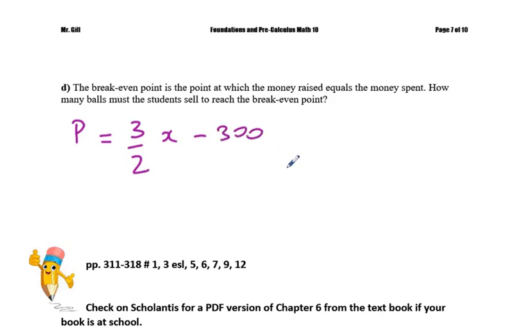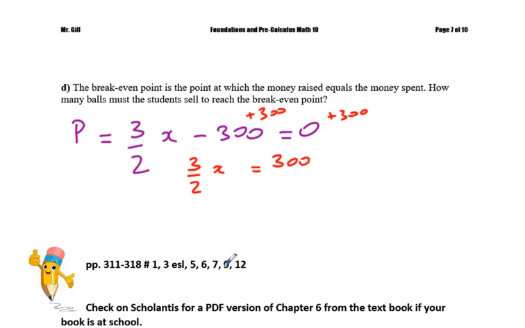The break-even point is going to be when P is equal to 0, isn't it? So we make P equal to 0 and solve this little equation. First of all, we add 300 to both sides. So 3 over 2 x is equal to a positive 300 there.